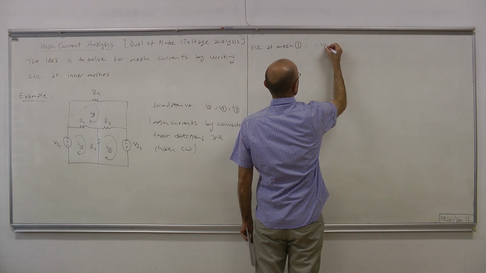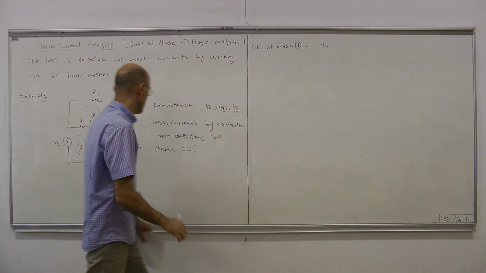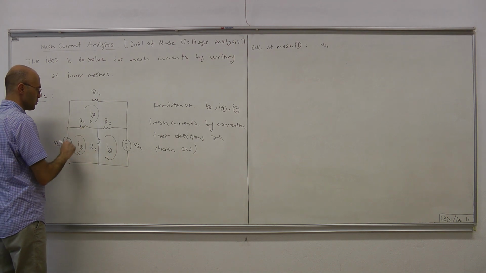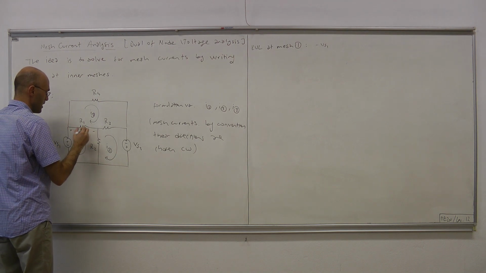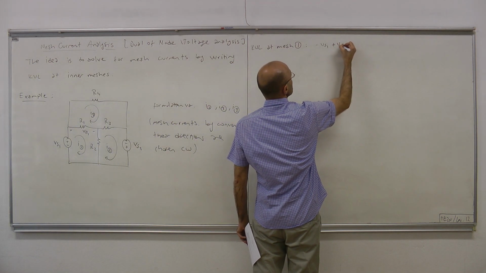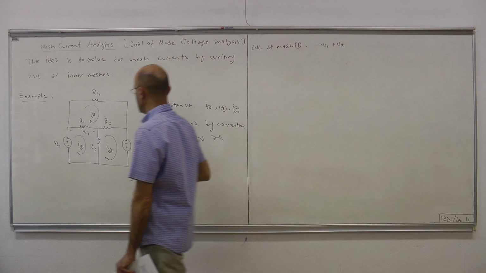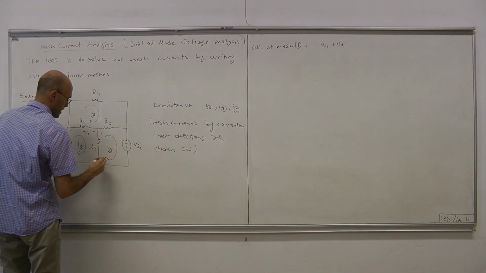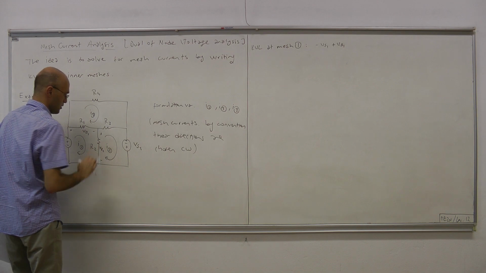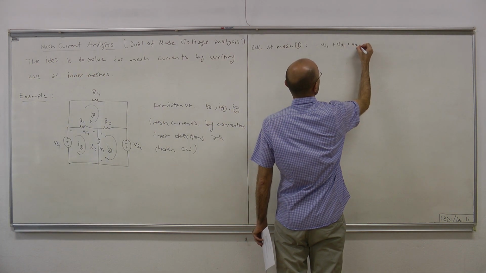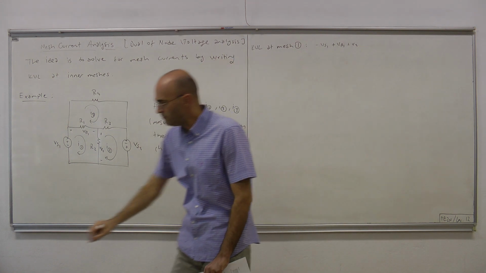So that's our first voltage, minus VS1, and then we have plus minus this voltage, which is plus VR1, and finally we have plus minus this voltage, let's call it VR2, plus VR2.